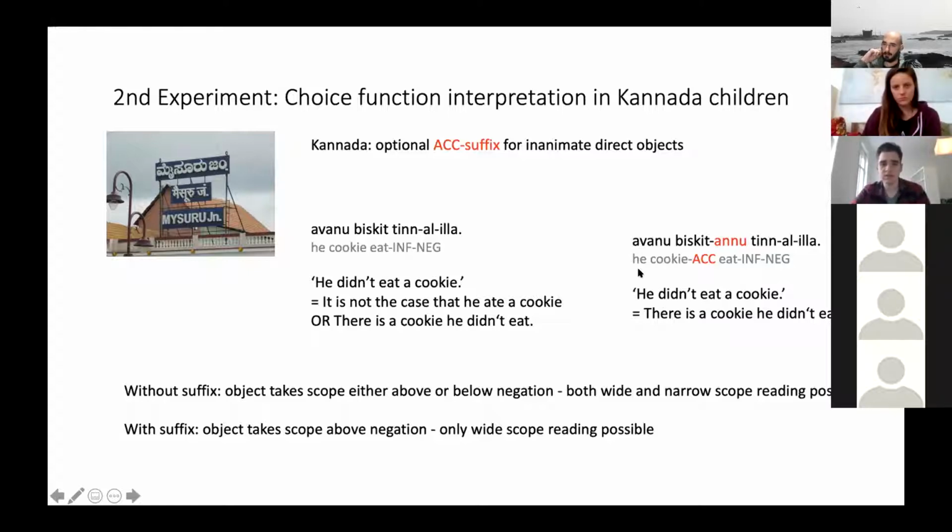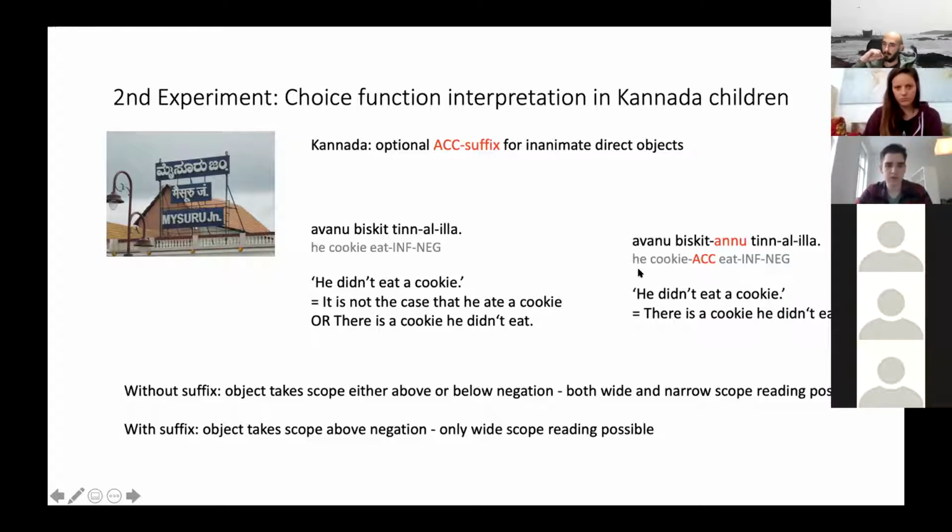The sentence that doesn't contain the suffix can be interpreted in 2 ways. Either the object takes scope over negation, or the negation takes scope over the object, which leads to either a wide or a narrow scope reading. With the suffix, with the accusative ending, only one reading is possible, namely the wide scope reading, where the object takes scope over the negation.